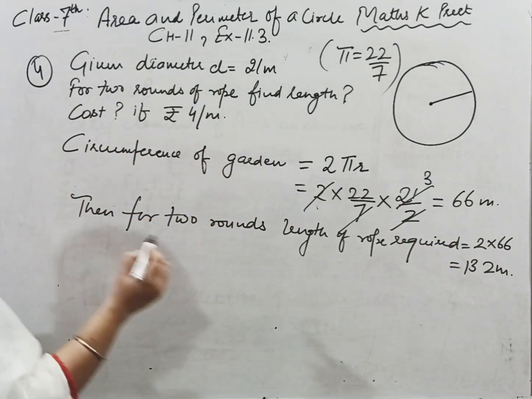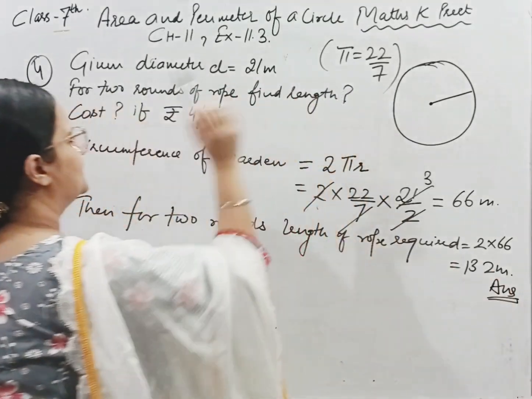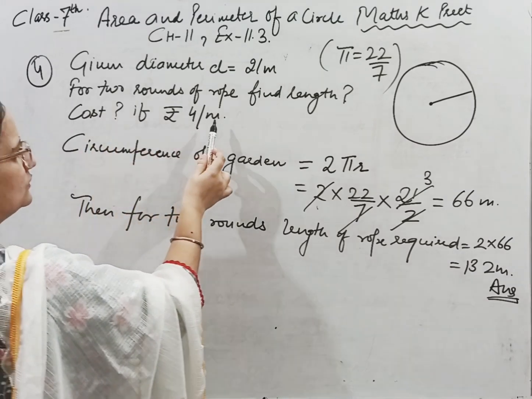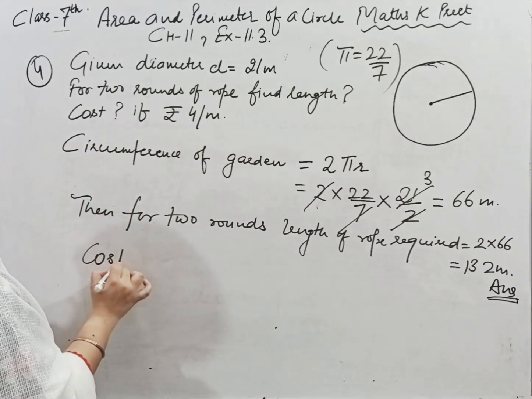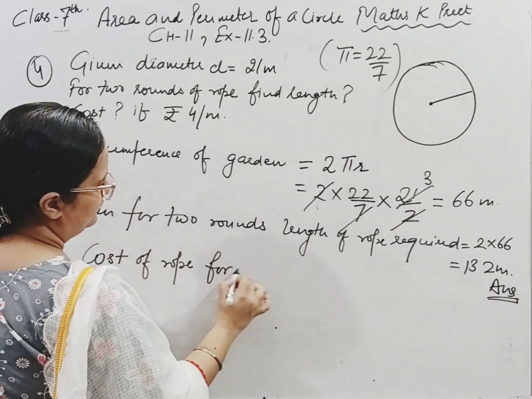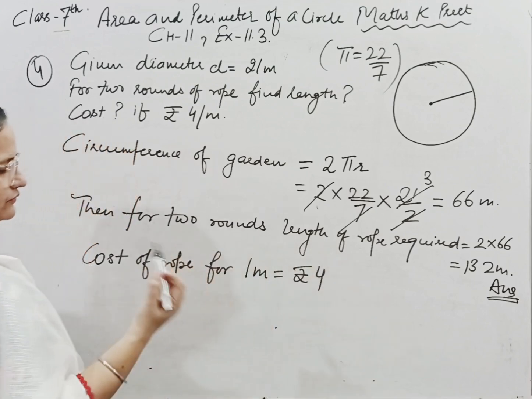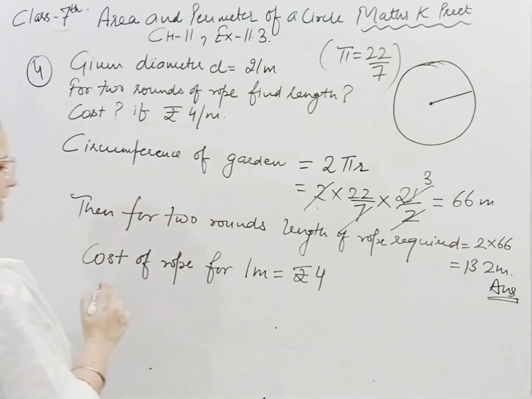So this is my first answer. This was the question. So the next question is find the cost if the rope is costing rupees 4 per meter. We'll write cost of rope for 1 meter is equals to rupees 4. We require 132 meters of length of the rope.